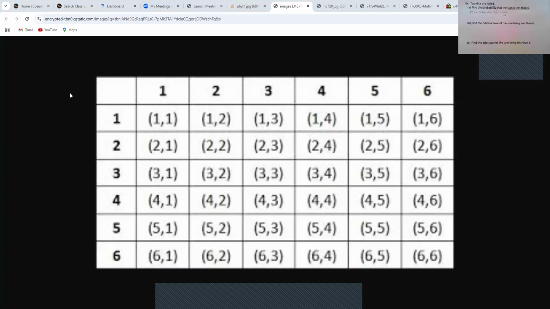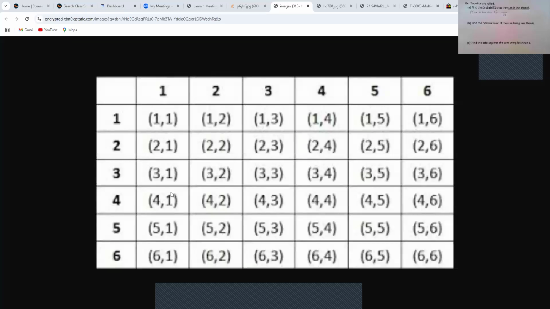I think the answer is 10. They're all going to be up here on the upper left, because this 5 plus 1 adds up to exactly 6. That means this diagonal right here, they all add up to 6. But anything above and to the left of that is going to add up to something less than 6.